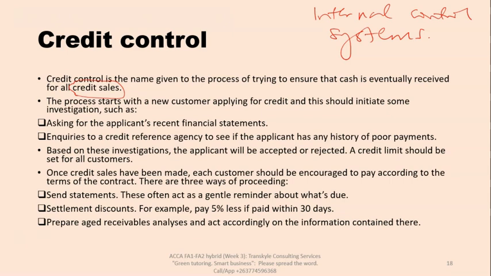The process starts with a new customer applying for credit, and this should initiate some investigation, such as asking for the applicant's recent financial statements, and inquiries to a credit reference agent to see if the applicant has any history of poor payments. You may need to hire professional investigators, some credit agency, to help you to some extent.